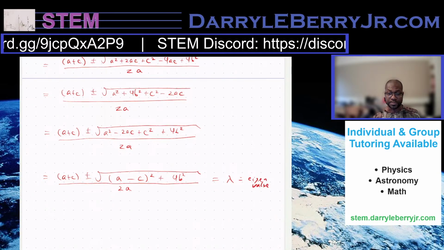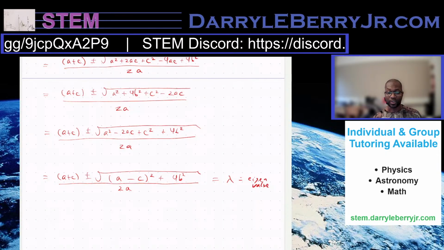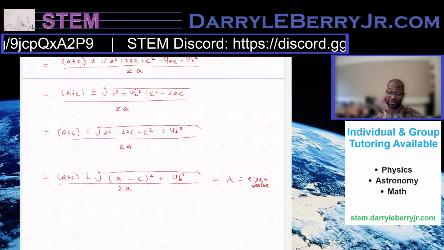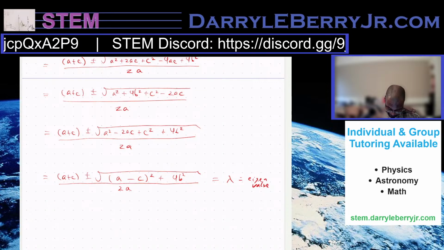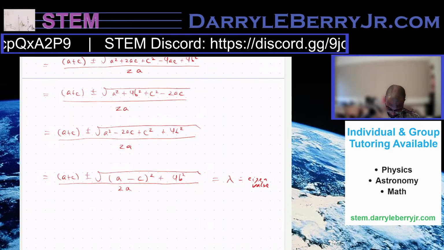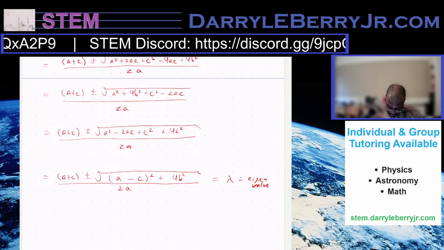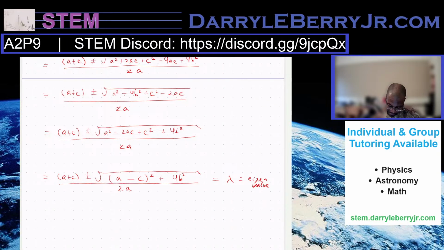So the first thing we notice here is that both the eigenvalues are real, because whatever this is squared, that's going to be positive.